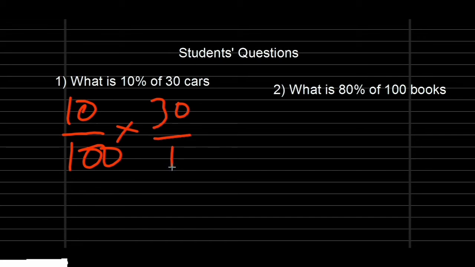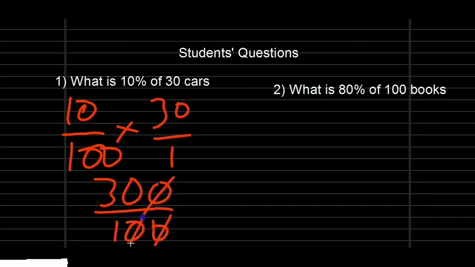So we multiply the numerators and the denominators. So 10 times 30 will be 300 all over 100. Then we cancel the zeros. So we'll be left with 3 cars. Now, I would like you to do the second question when you are having your own studies.